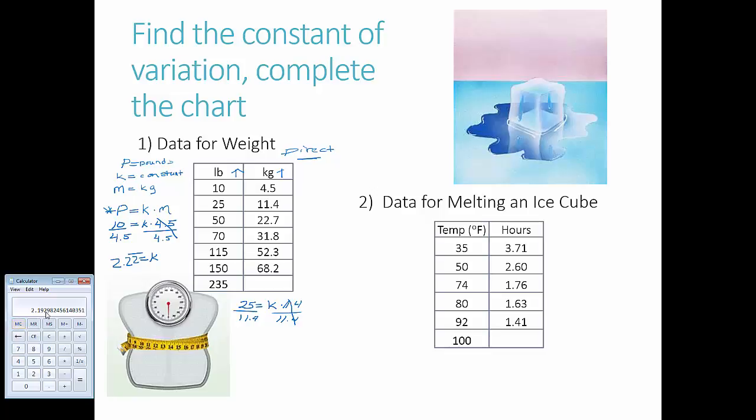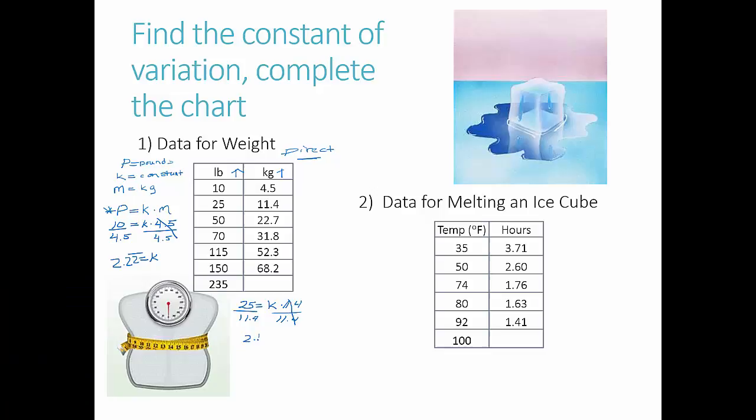Instead, I got 2.1929, and it continues. 2.1929 continuing for K. So this kind of violates my idea of constant, because constant should be the same number no matter what. But when I look at these two values for K, they're slightly different.